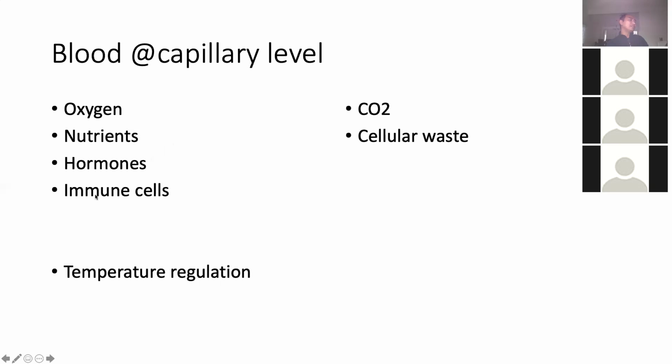It also contains immune cells. From the cell, it takes back carbon dioxide and cell waste from metabolism. On top of that, the blood at capillary level plays a role in temperature regulation.